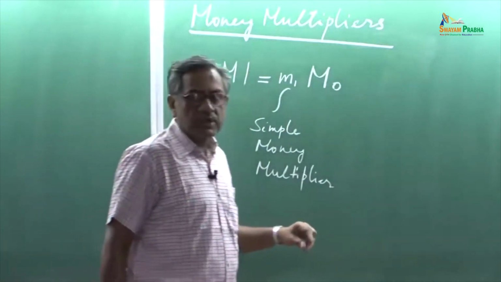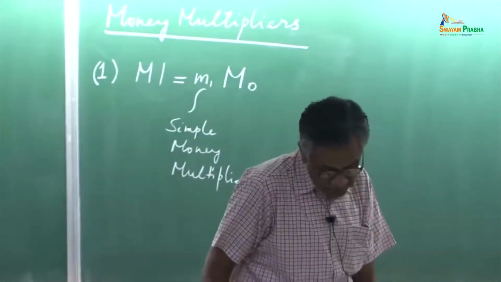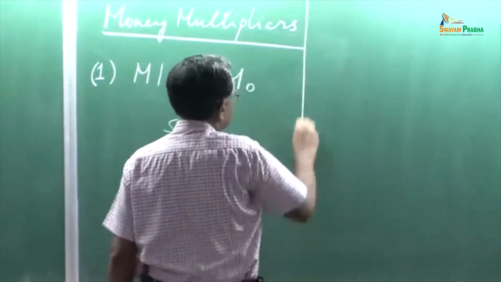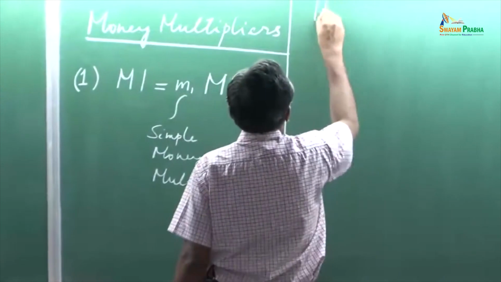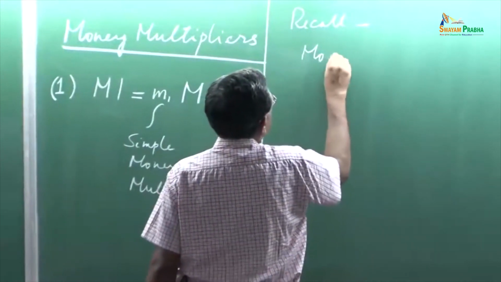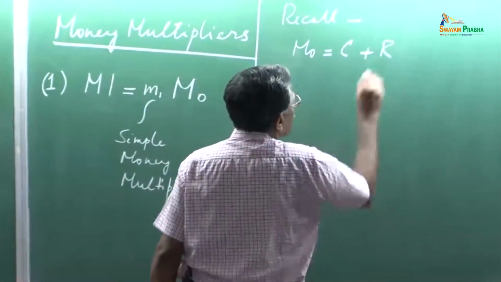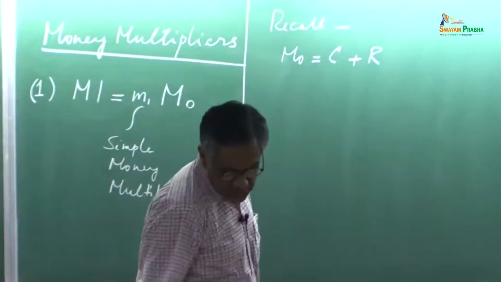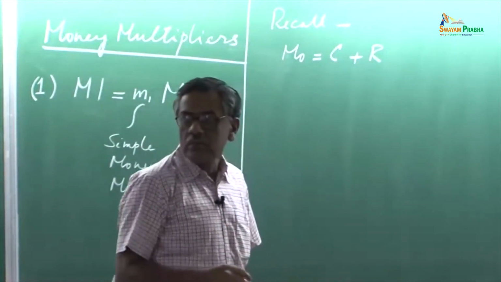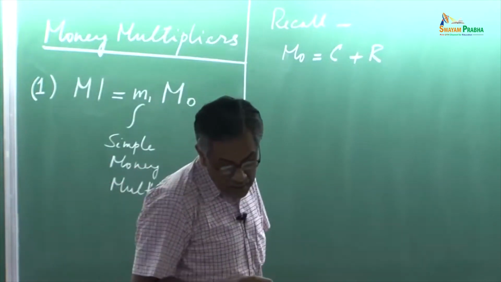What we do usually, and you can find many references, is recall the definitions. M0 was C plus R. C was currency with the public. Was that the definition I used? Notation? Okay.